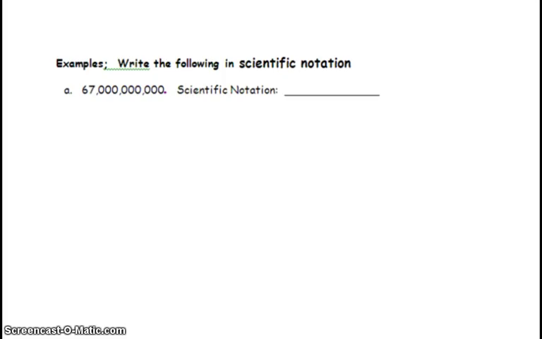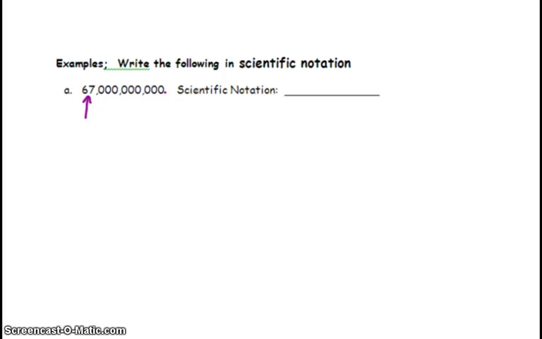I need to move it back until I have a number that's between 1 and 9.9. So if I stop there, that's 67. It's not small enough. It's not between 1 and 9.9. So I need to move it 1 more place back. If I stop right there, that would be 6.7, which is perfect.